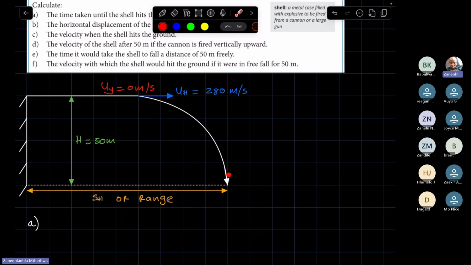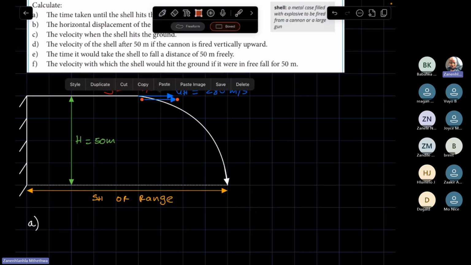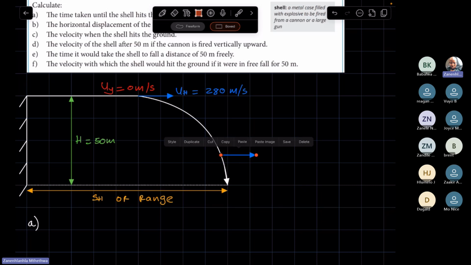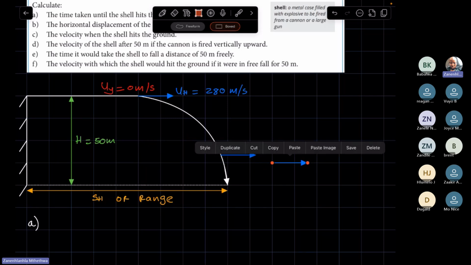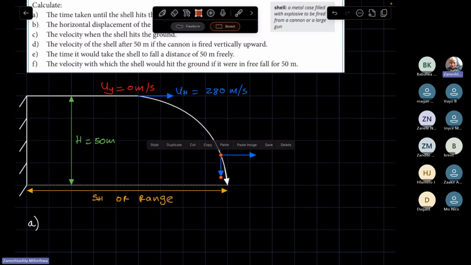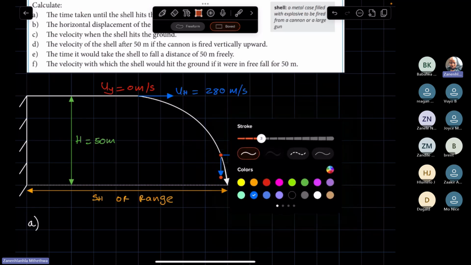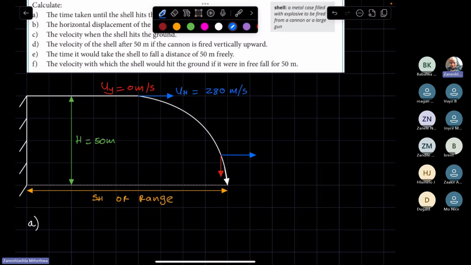The final velocity will be here at this point. Right, so just before this hits the ground, that is where you will get your Vy.